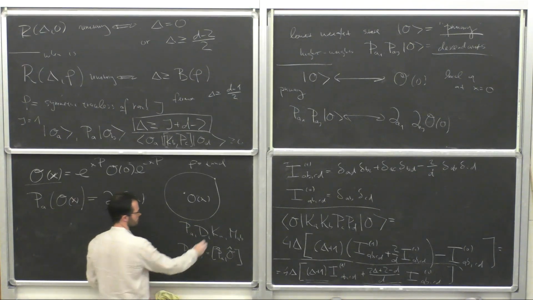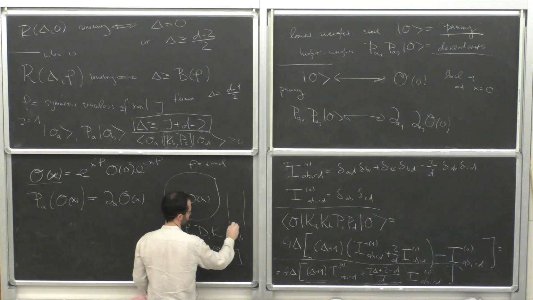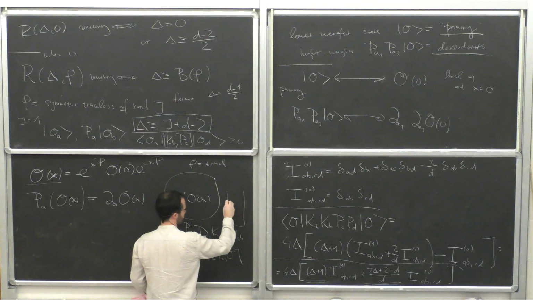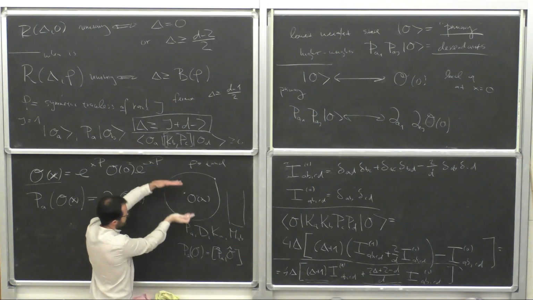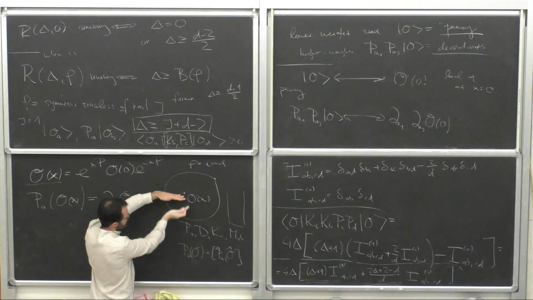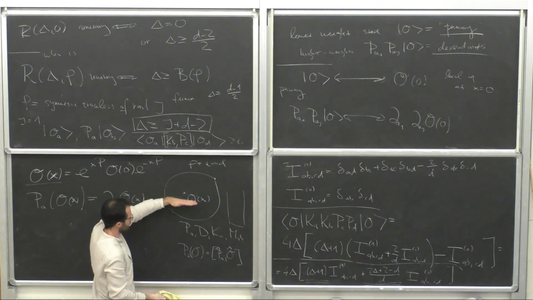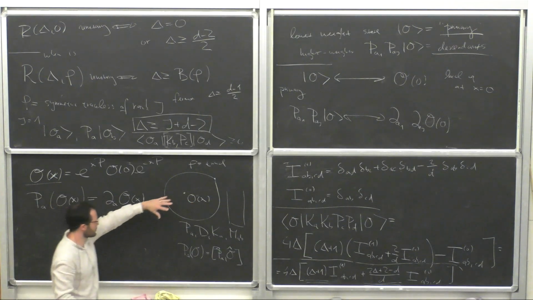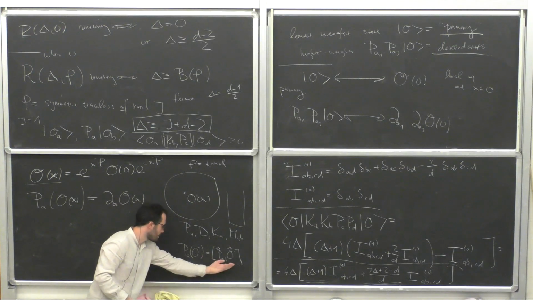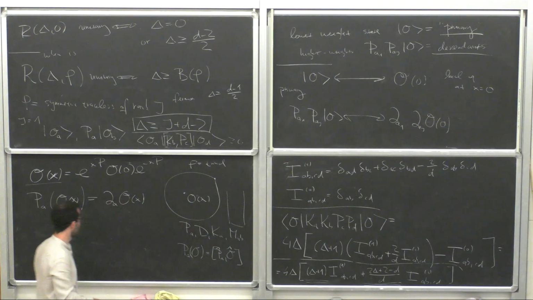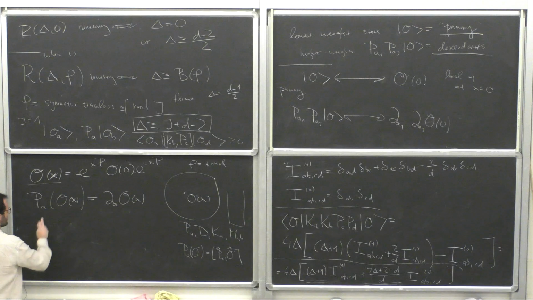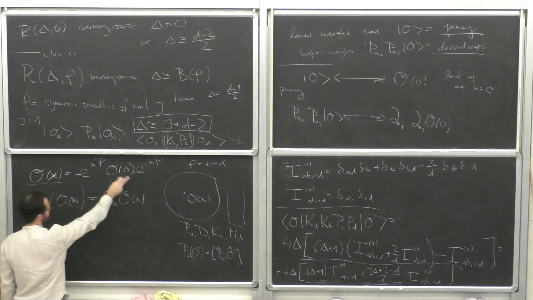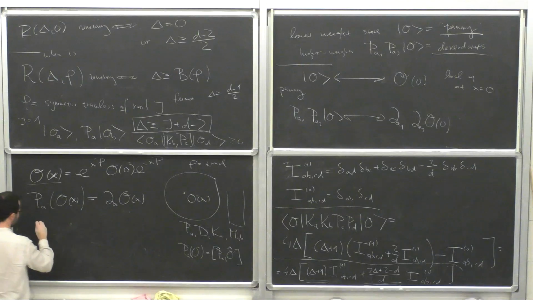Because if you're on the cylinder, you can deform this operator from the top and the bottom. So you basically have the charge at the top minus the charge at the bottom. It's the usual story of how the action of symmetries by topological defects becomes a commutator. If you do the commutator of P with this expression, you'll find just the derivative.